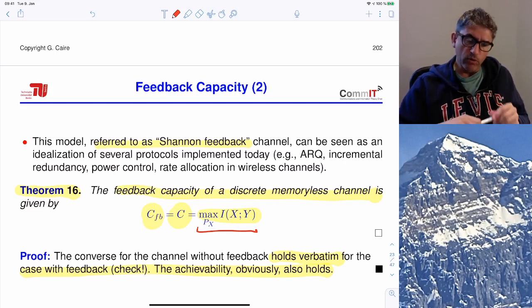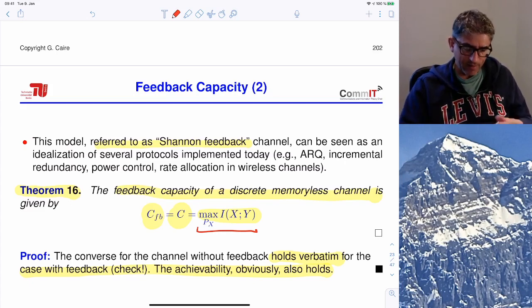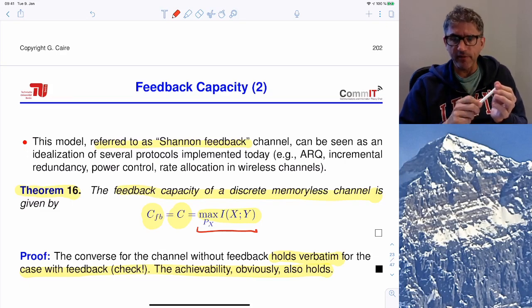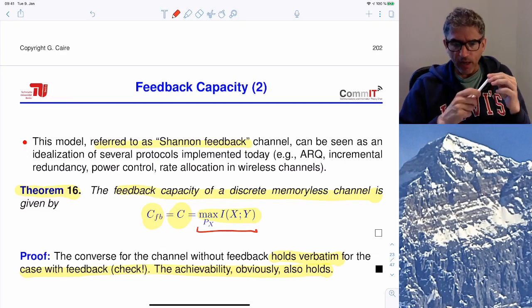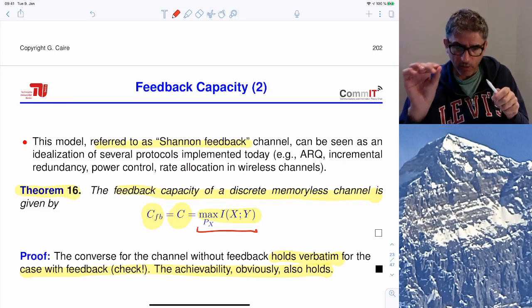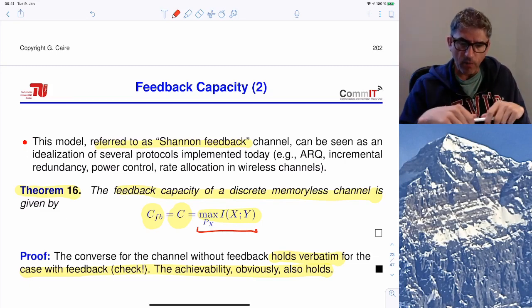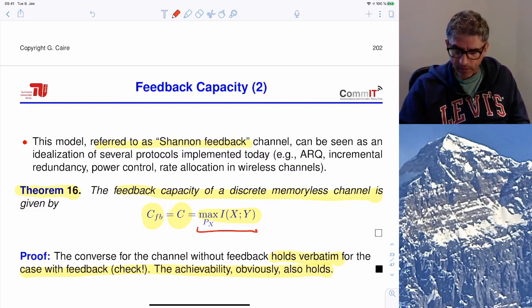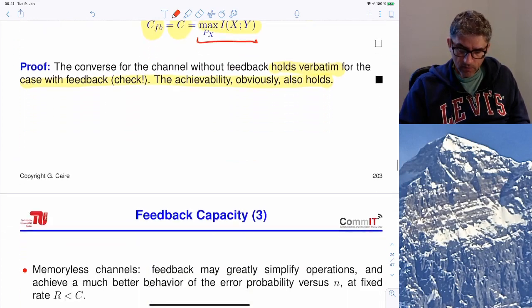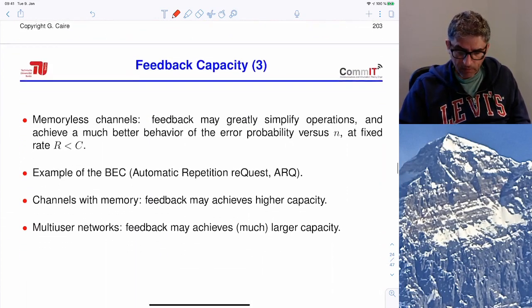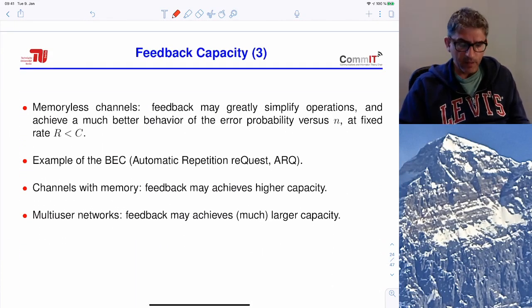There is a whole different type of analysis of the probability of error that is able to characterize these reliability functions, these error exponents, which is a little bit more complicated, and then one can also work out these exponents for the case with feedback, and you can see the benefit of feedback in terms of error exponents. Okay, maybe a project can be on that. We will see when we talk about the end of semester projects.